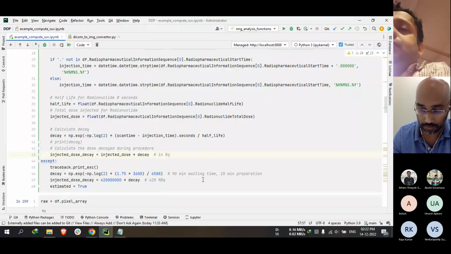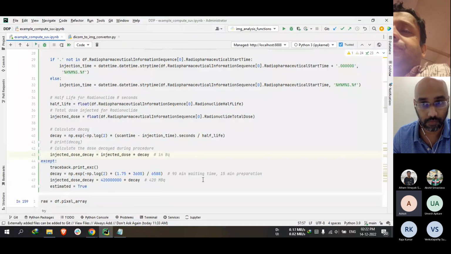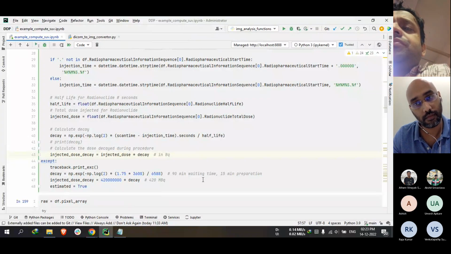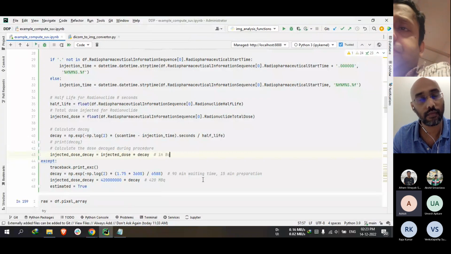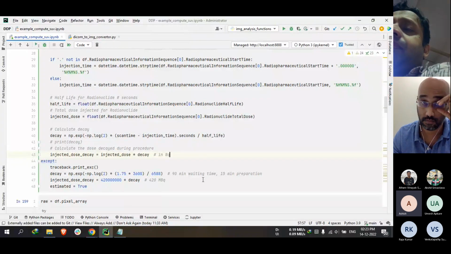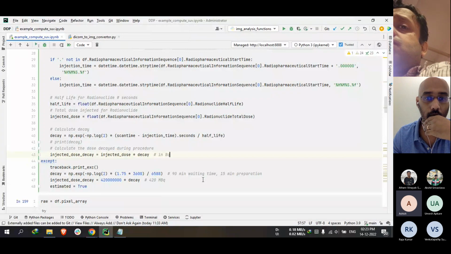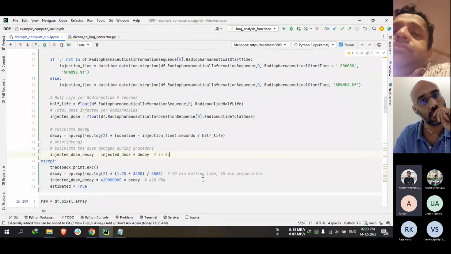Is it okay, Ashish? I think it's fine, but I don't see the relevance of doing that. Because ultimately more or less these things are the same. Only in SUV you get some impact of the weight of the patient and nothing else.